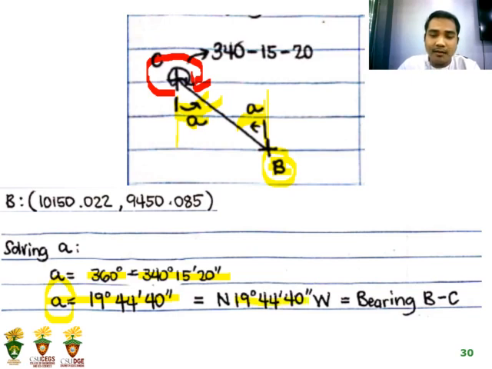But it is from north and going to the west, so the bearing from B to C is north 19 degrees, 44 minutes, and 40 seconds west.